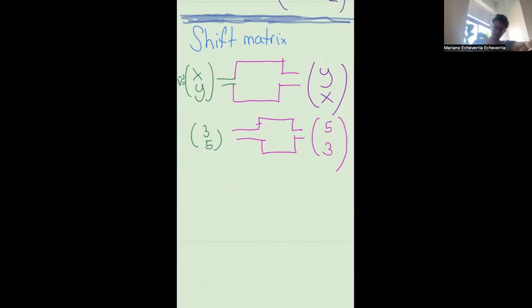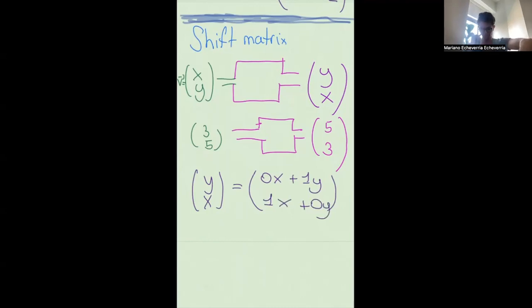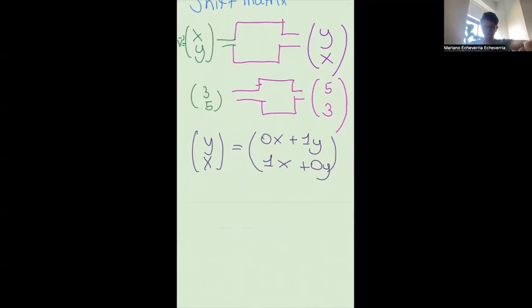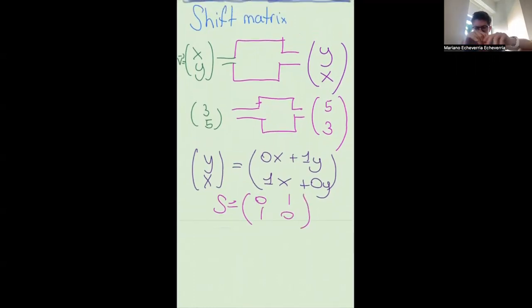Correct, good. So here's one way to think about it. Perfect, good. Here's y, x. Write it just as 0x plus 1y and 1x plus 0y. And from there, it's easy to extract the matrix as 0, 1, 1, 0. Is that making sense?